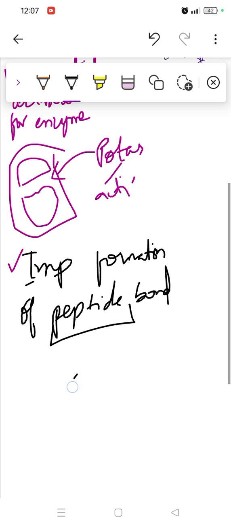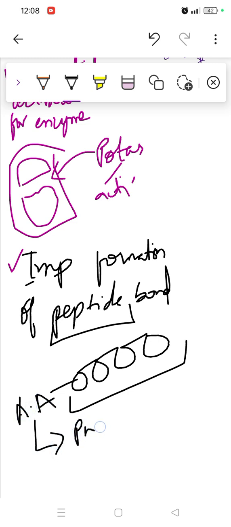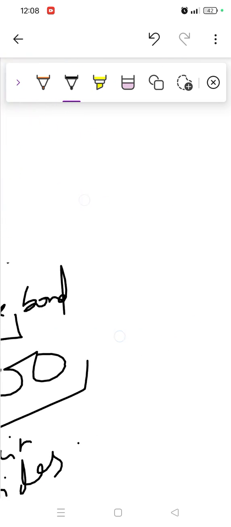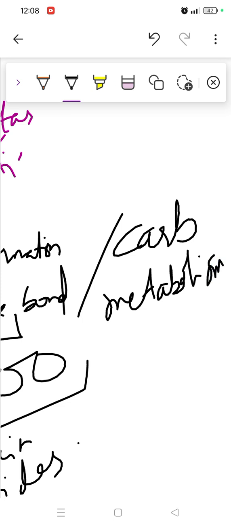When the amino acids are combined, they form protein, and the chain between them is called peptides. So I'm sure it's clear to you. It's important for the formation of peptide bonds, and it also helps in carbohydrate metabolism.